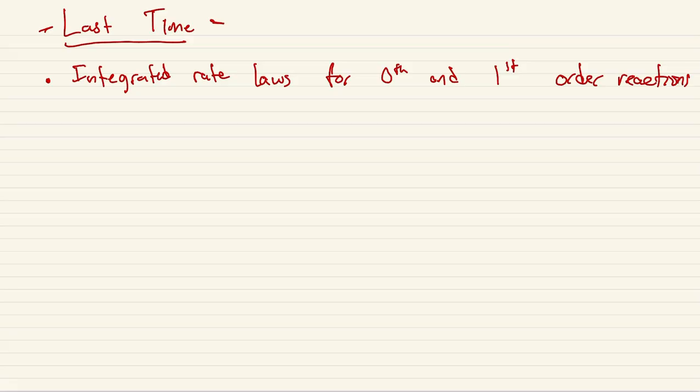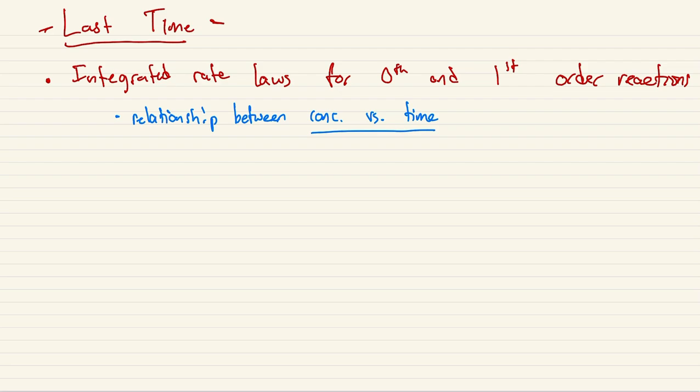All right, and so the integrated rate laws were different from the experimental rate laws. Why and how? The integrated rate laws are the relationship between the concentration of the reactant and time, right?